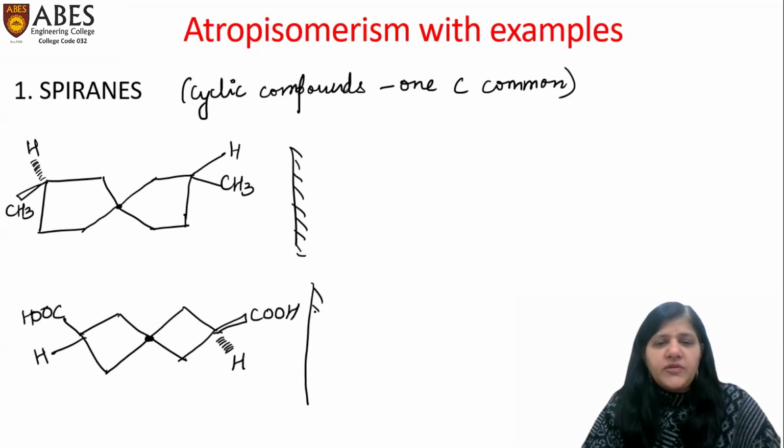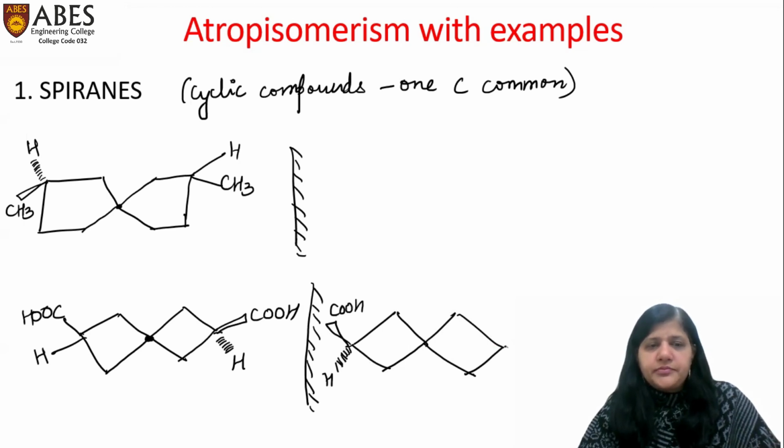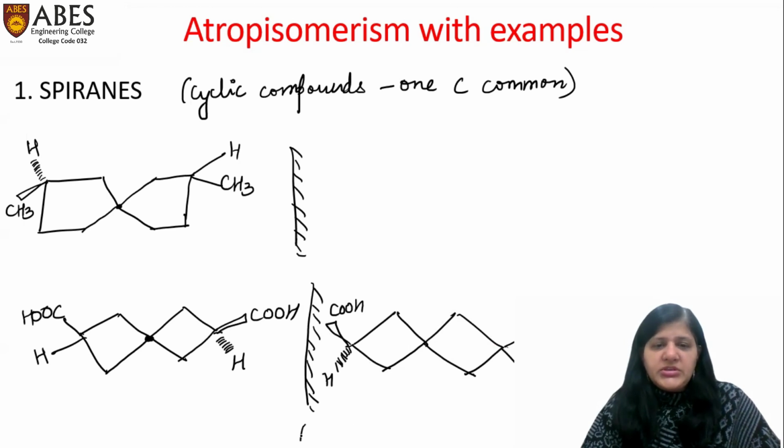The mirror image of this molecule shows optical activity, and these two enantiomers are optical isomers, or atropisomers.